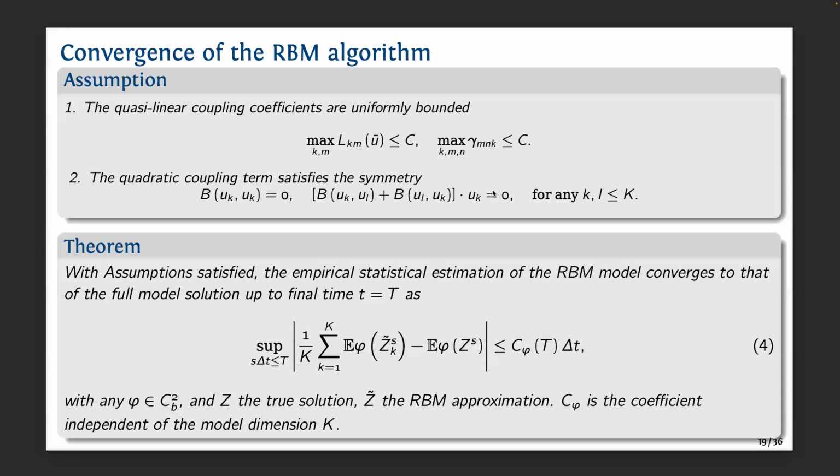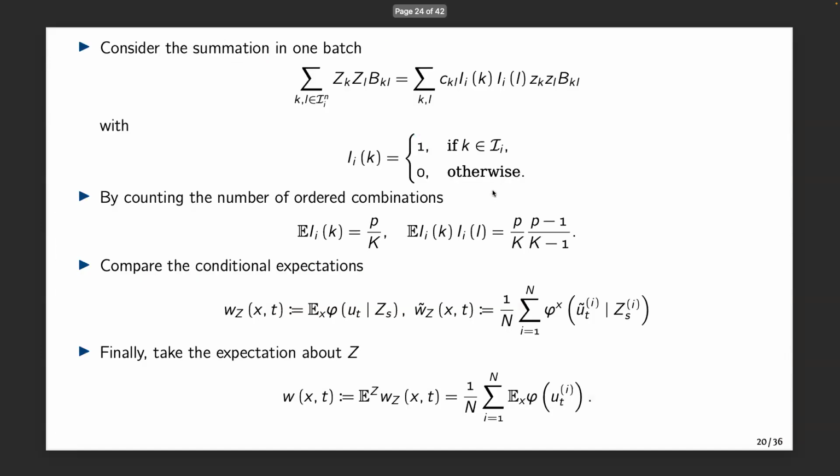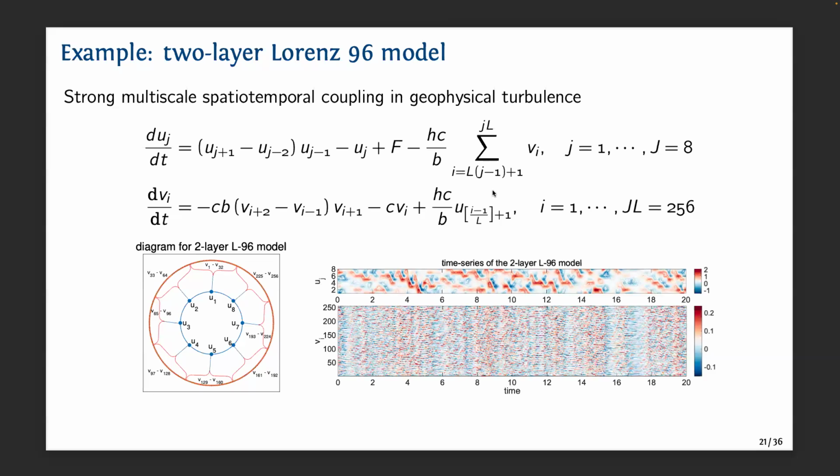If we use a smaller time step, it means we resample the particles more frequently, so it's more accurate. And also because we are using a first order Euler-Maruyama scheme to integrate this, it is a first order result. And yeah, I will skip these technical details for the convergence and directly show you one example.